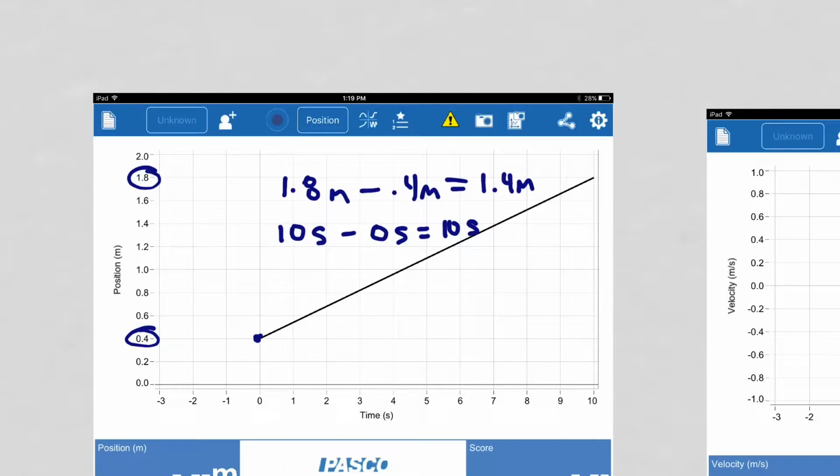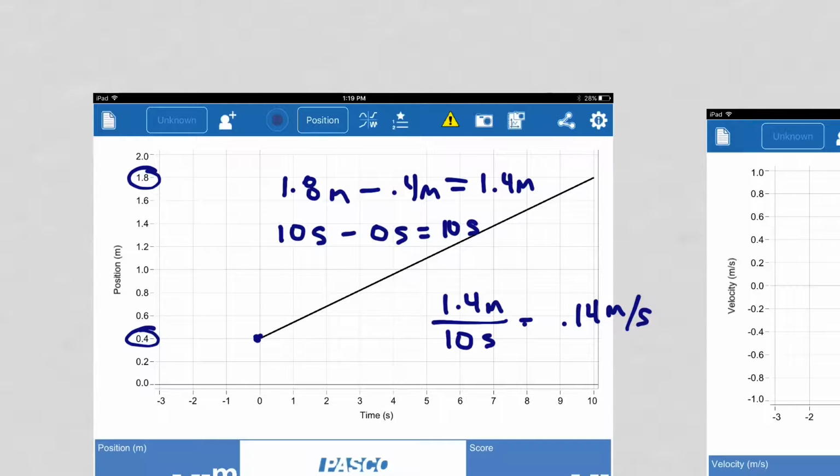So to calculate our slope, we could say 1.4 meters divided by 10 seconds is equal to 0.14 meters per second. And so we have a constant velocity. In this line, this whole time we're moving at 0.14 meters per second. You can kind of check your work here.